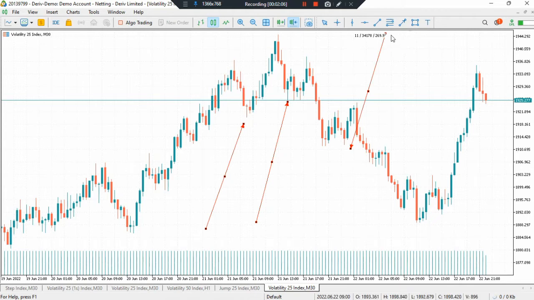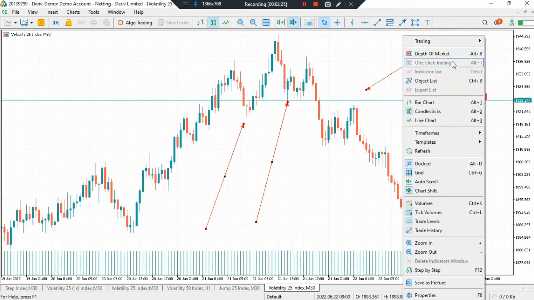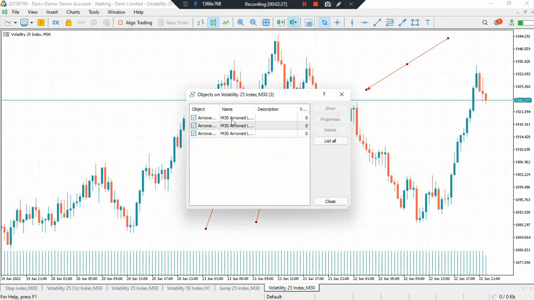If you notice something around here, you can see this was a touch, this was a touch, this was a break below, this was a form of retest, and the trend actually went to the downside. So let me just remove this.